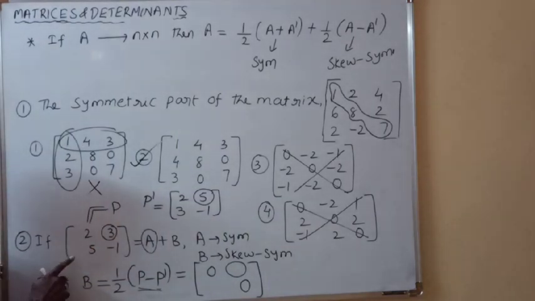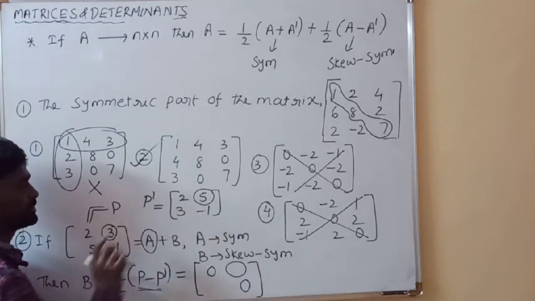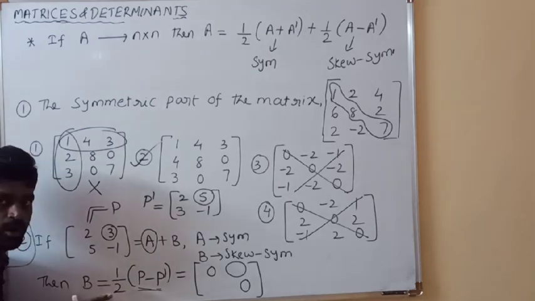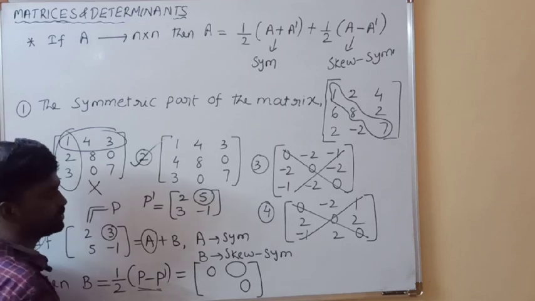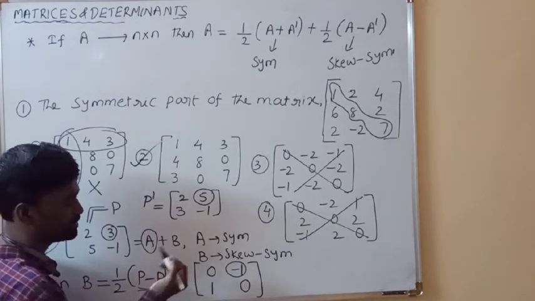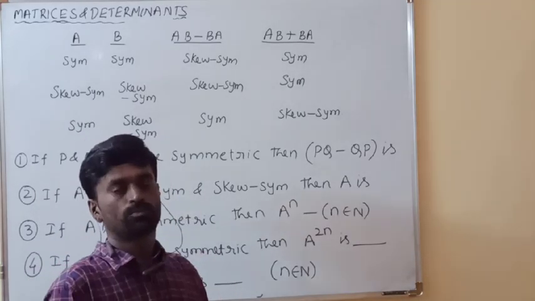In P minus P dash, this position element is 3 minus 5, which is minus 2. But we have to multiply with 1 by 2 extra. So 1 by 2 into minus 2 gives minus 1. As this position is minus 1, this position must be plus 1.